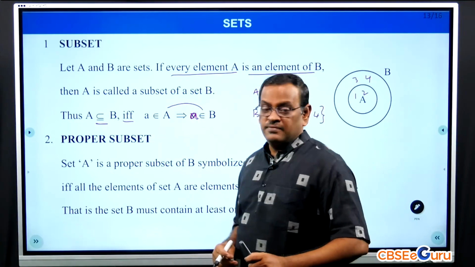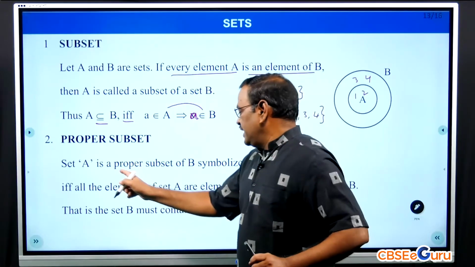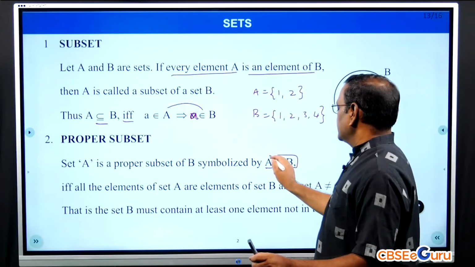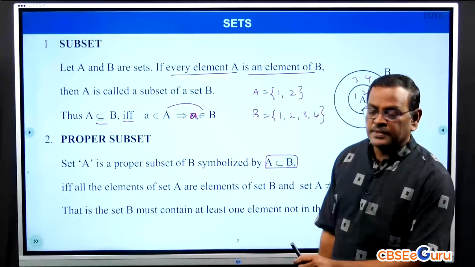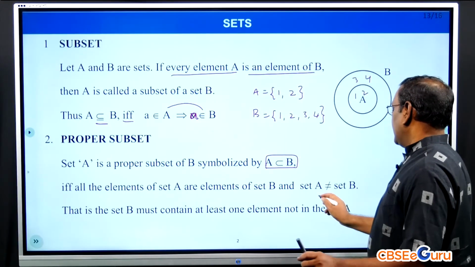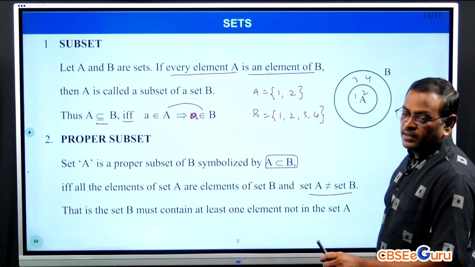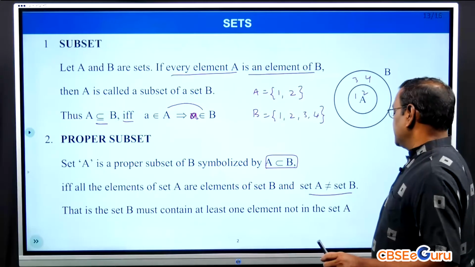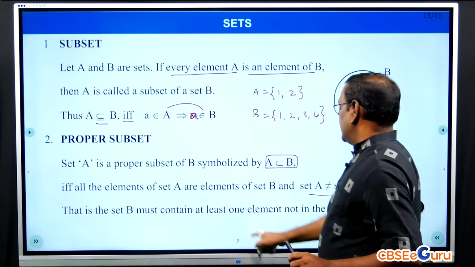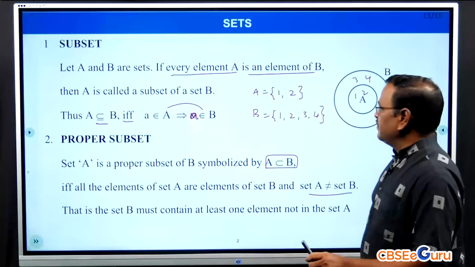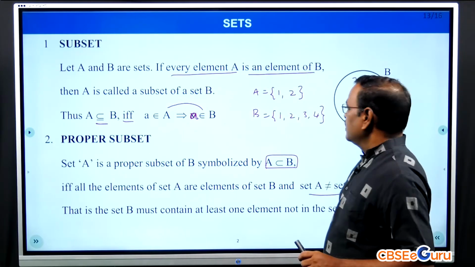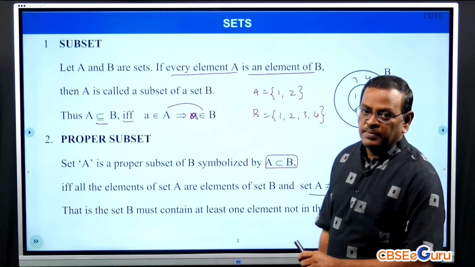And proper subset, a very important word, proper subset. Set A is a proper subset of B, denoted by this symbol, if all the elements of set A are elements of set B and set A is not equal to set B. That is, set B must contain at least one element not in set A. For example, here A is a proper subset because all the elements of A belong to B, but A and B are not equal, B has an extra element.